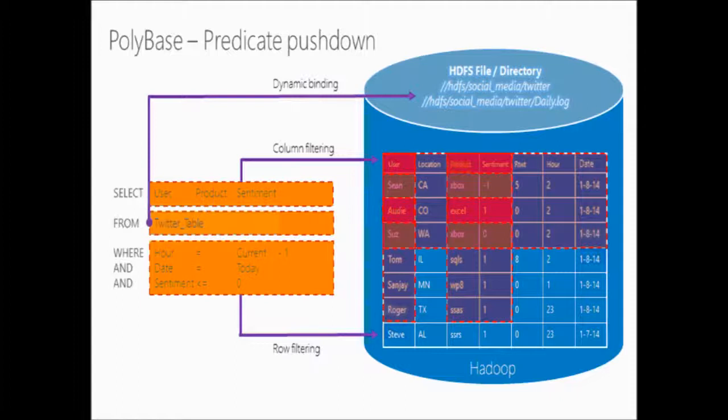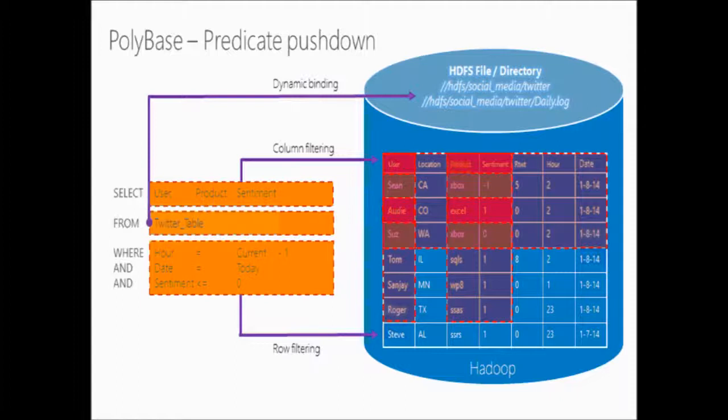With the new improvement, it queries a table, for example the Twitter table in this example, and it applies column filtering, meaning which columns you need instead of all the columns. And it also pushes down, as I said, the predicates, row filtering.